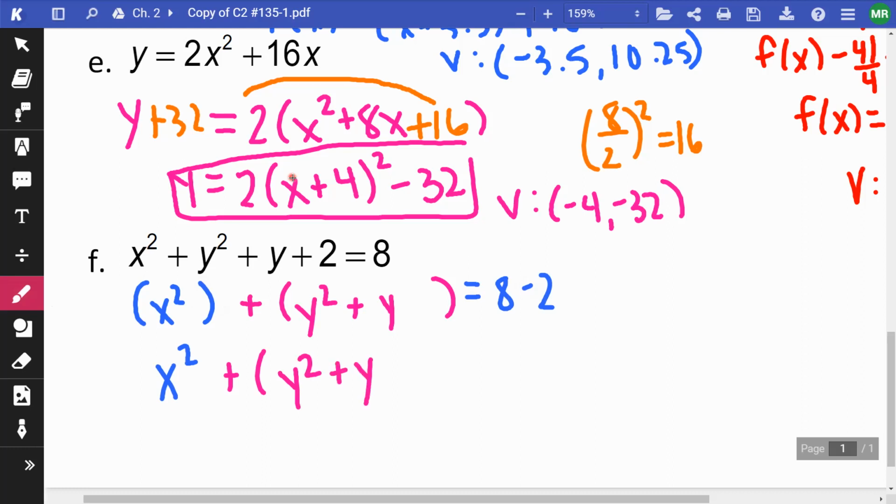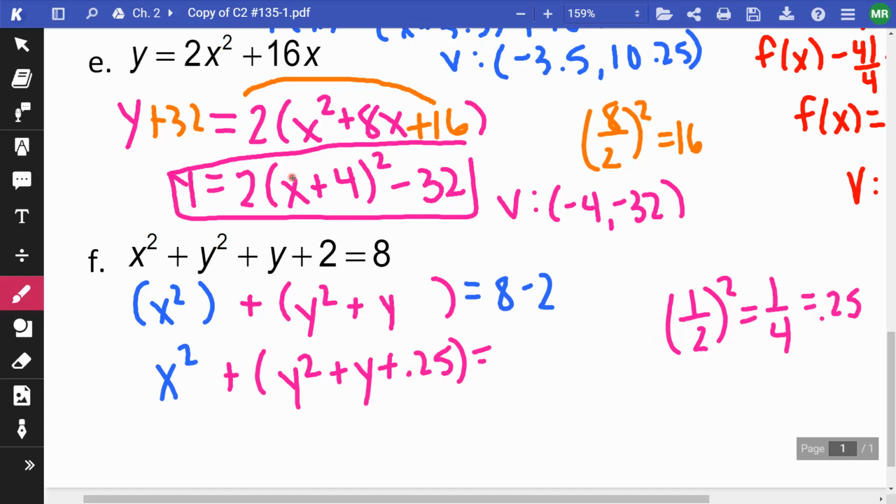And then I'm going to be taking half of 1 and squaring it, which is either going to be a 1/4 or a 0.25, depending on how you're going to write it. So let me do it as a 0.25. And then on the other side, I had 8 minus 2, which is 6.